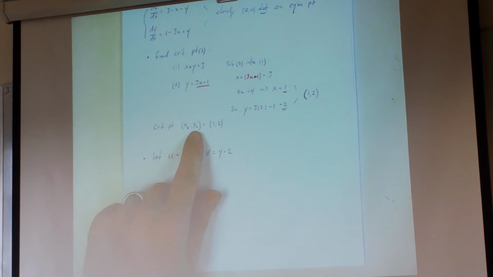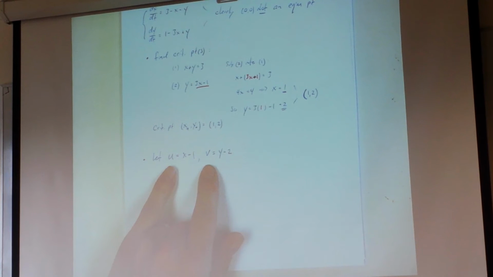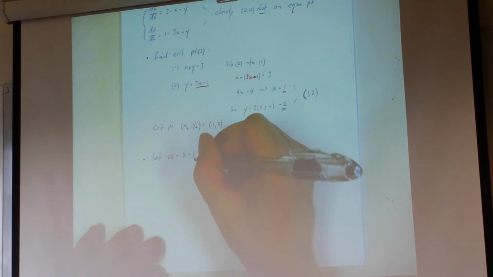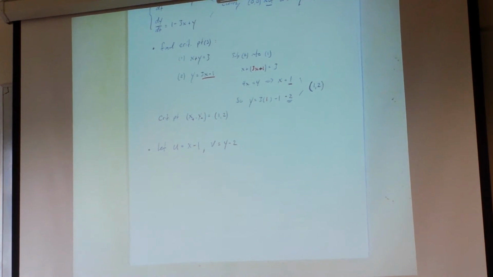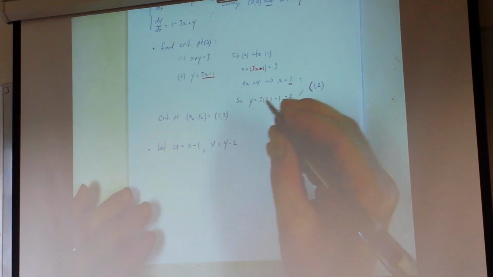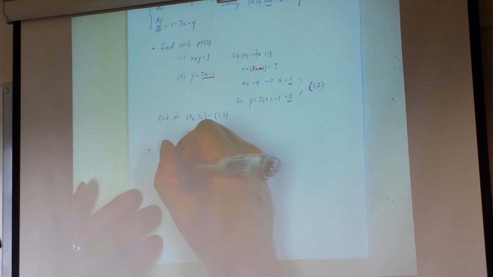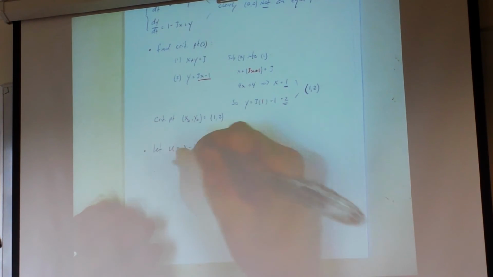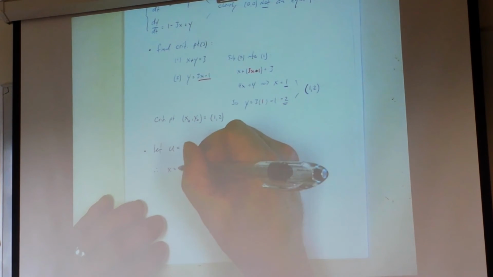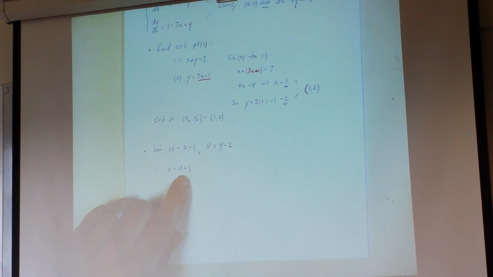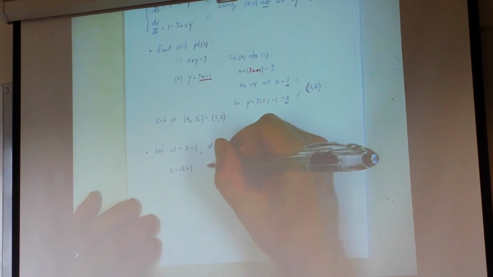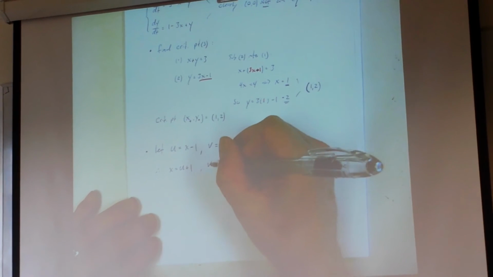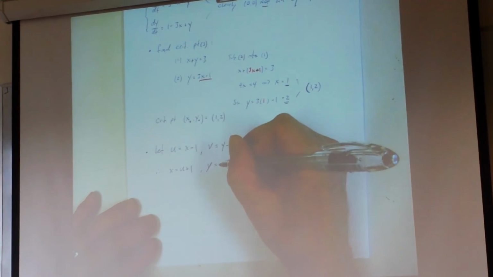So when x and y are 1 and 2, u and v are 0, 0. Let's see what repercussions this has. I can then solve this for x: x would just be u plus 1. And y would be equal to v plus 2.